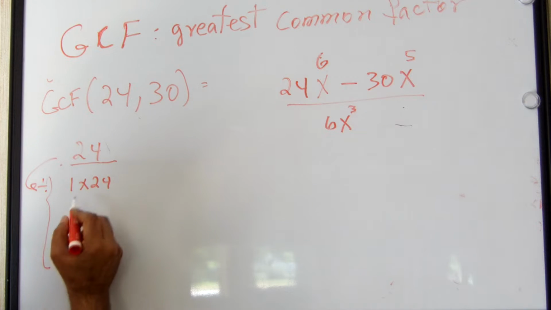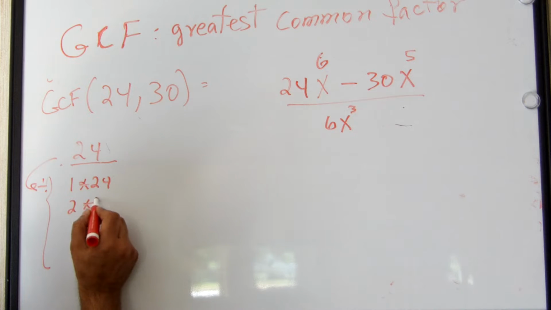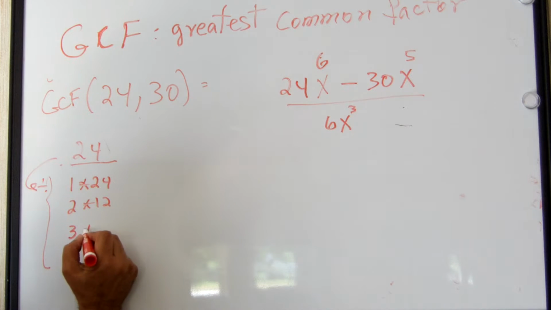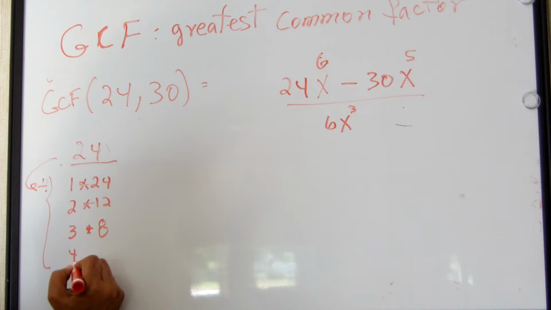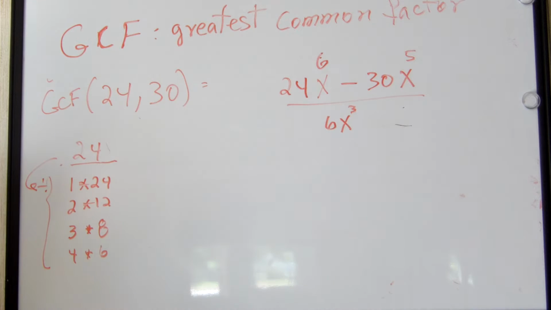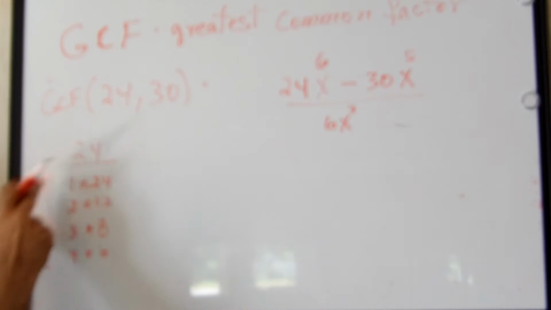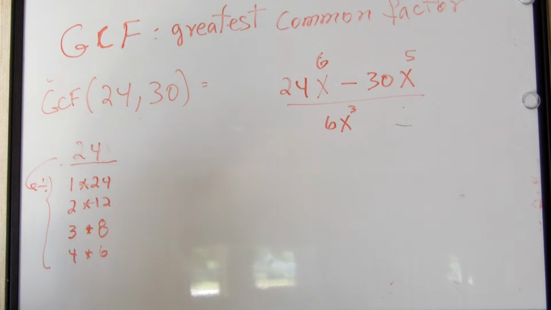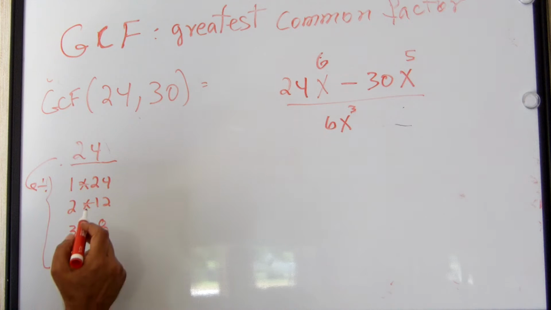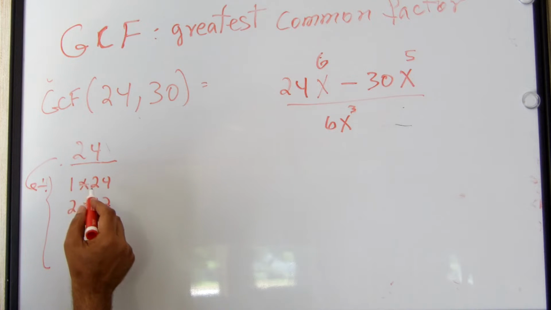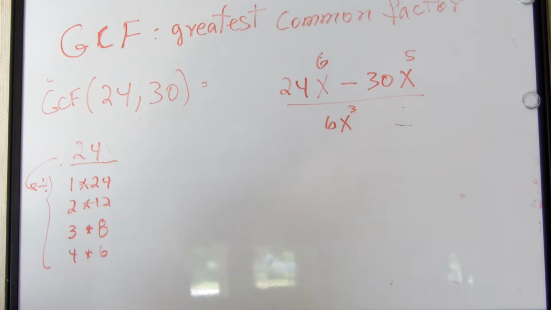Divided by 2 is 12. Divided by 3 is 8. Divided by 4 is 6. We cannot divide by 5, and 6 we already did, because 24 divided by 6 is 4, and 24 divided by 4 is 6.